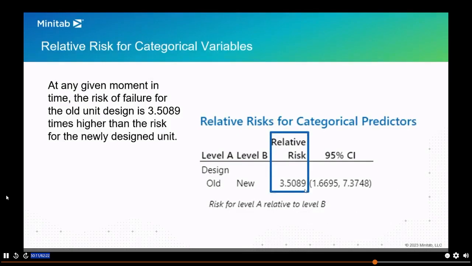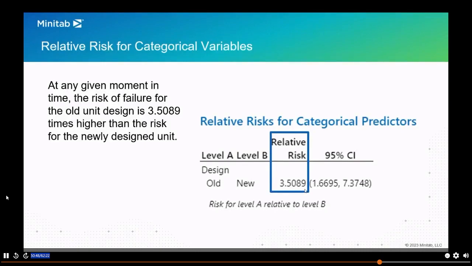And because it's a relative risk, here's where I look at how much more successful my new design is. If I compare just the old design to the new design, and I'm using this model, so I am taking into account that important fluid velocity as well, using the model, the relative risk of 3.5 means at any given moment in time, the risk of failure for the old design is 3.5 times higher than the risk of failure for the new design.